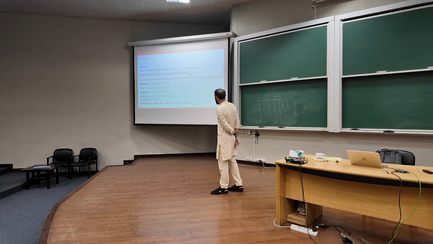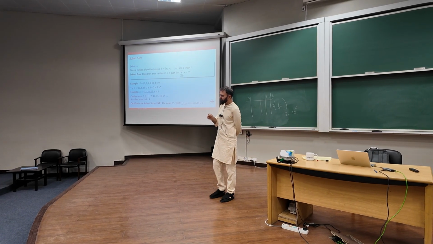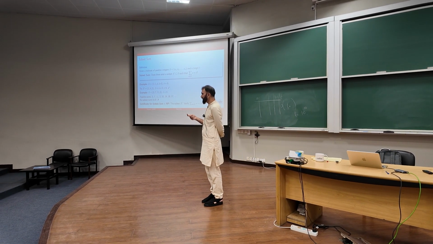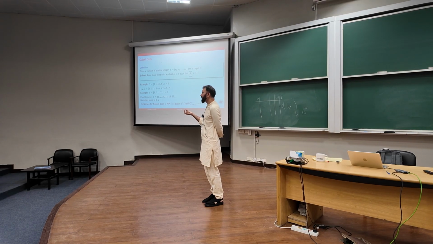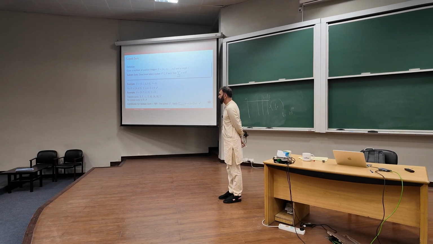Okay, so the problem with the dynamic program for this problem, and also for the 0-1 knapsack problem, is that it depends on the values in your input. It does not necessarily depend on the size of the input. So it's not polynomial, it's exponential.